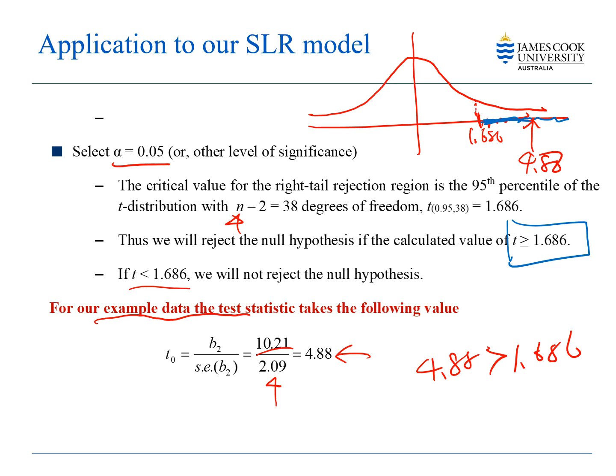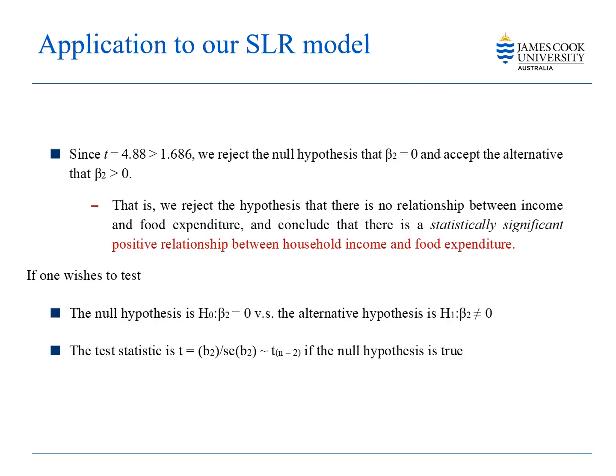That means we accept the alternative, that beta 2 is positive. So we reject the hypothesis that there is no relationship between income and food expenditure and conclude that there is a statistically significant positive relationship between household income and food consumption expenditure.